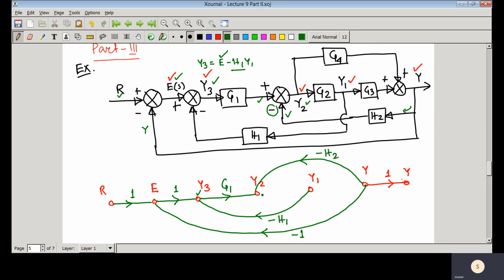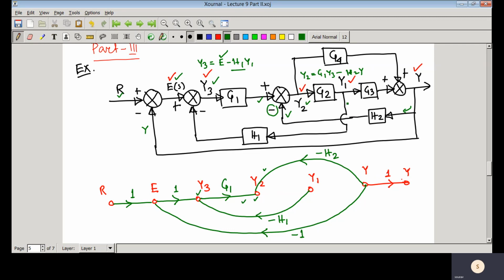So at Y2, Y2 equal to G1 Y3 minus H2 Y. This can be represented in the signal flow graph.